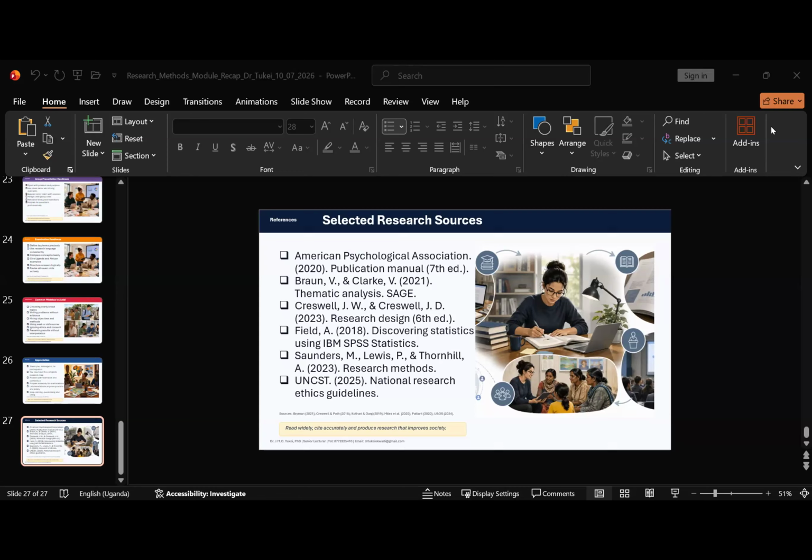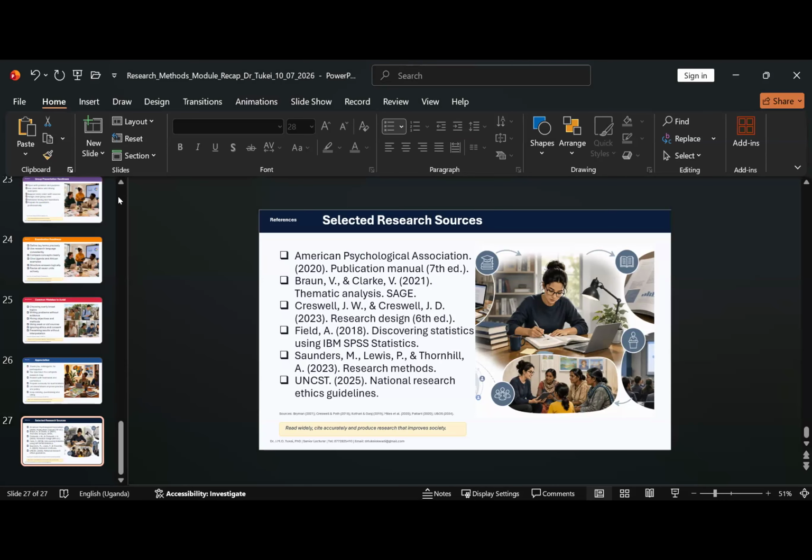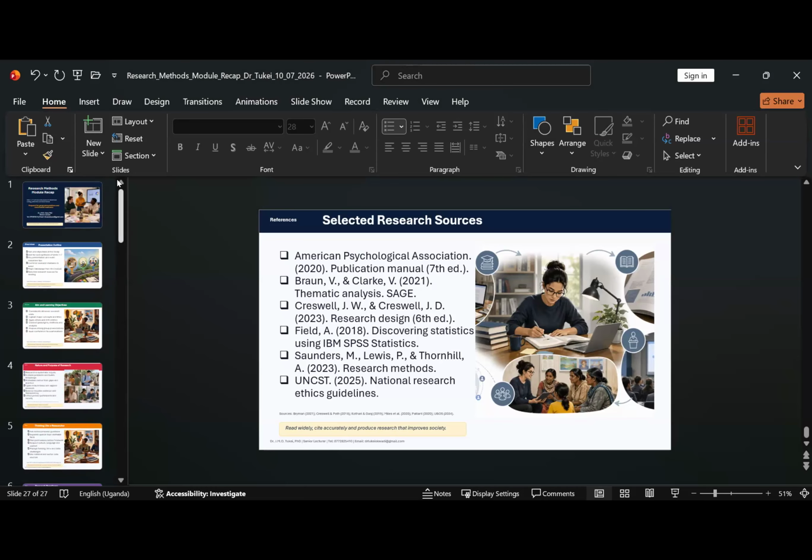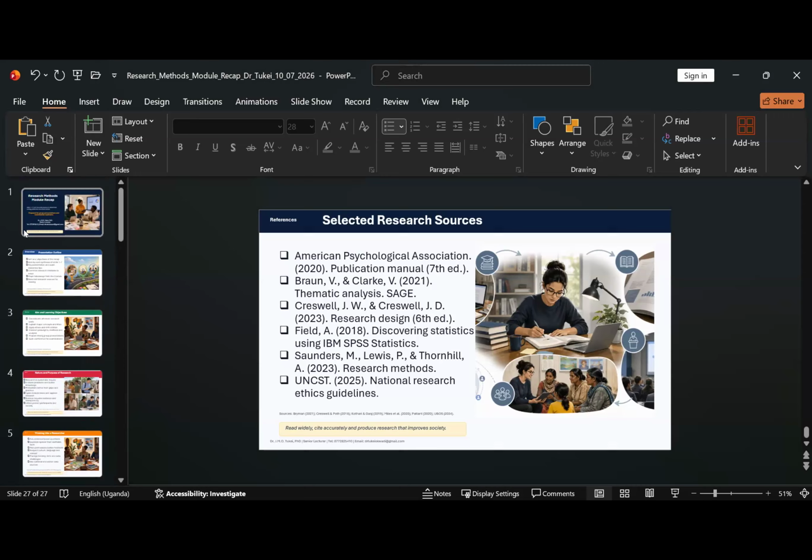And there are cases where you opt for standardized tests or other tools, such as psychological tests or achievement tests, depending, and you must be in a position to describe the source and validity.